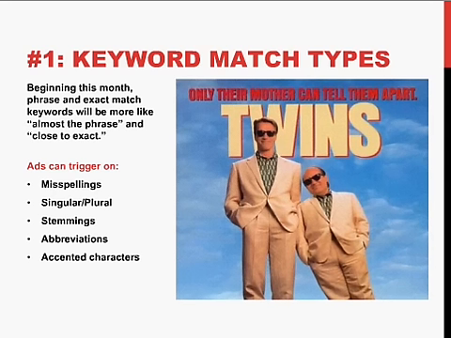So it doesn't mean that if you are allowing all these variants to come in that it is going to impact your quality score in any way. It's only if the query exactly matches the keyword in the account that the quality score will be calculated. So that's the first piece that people may be asking about.